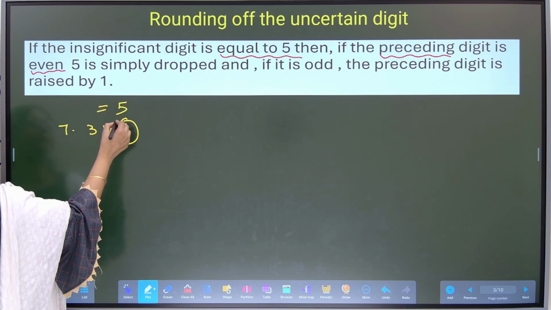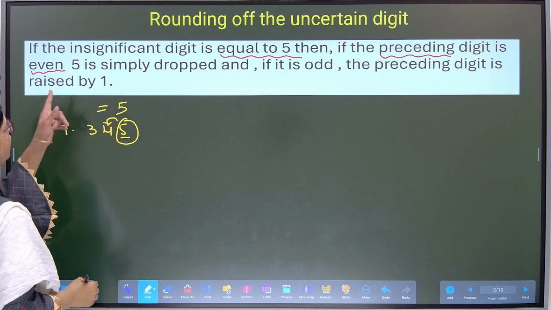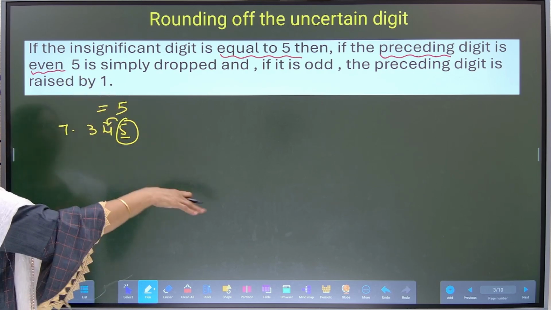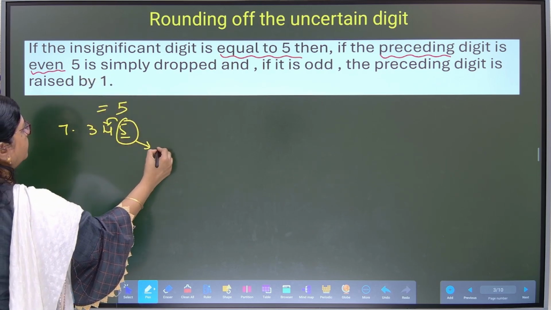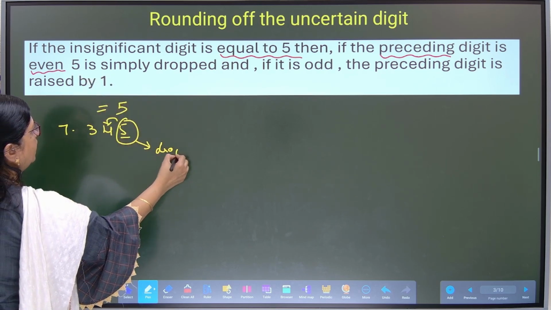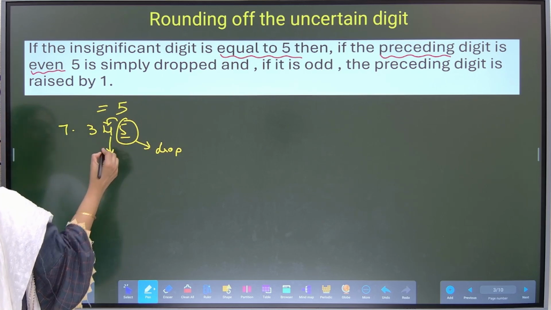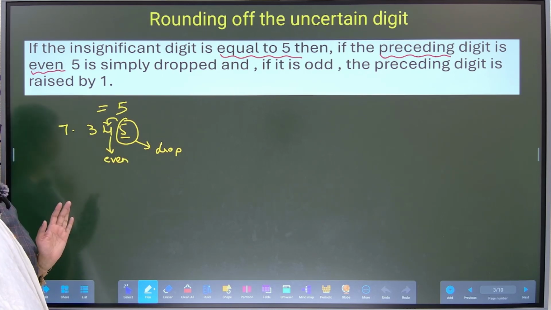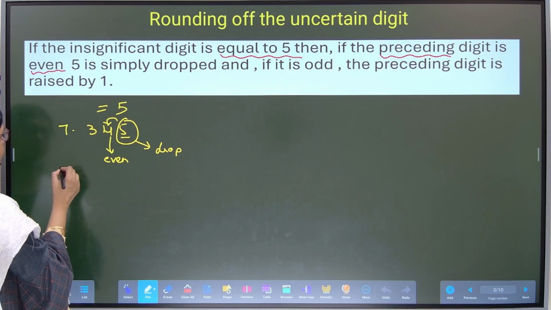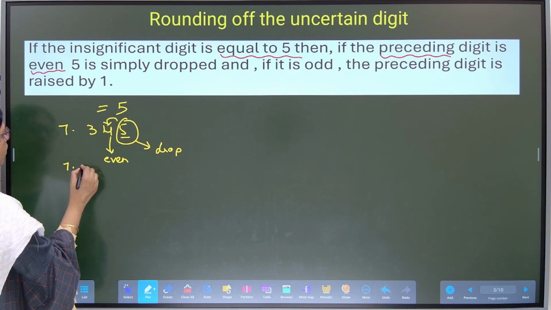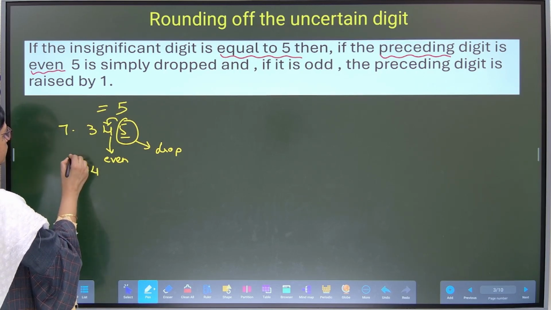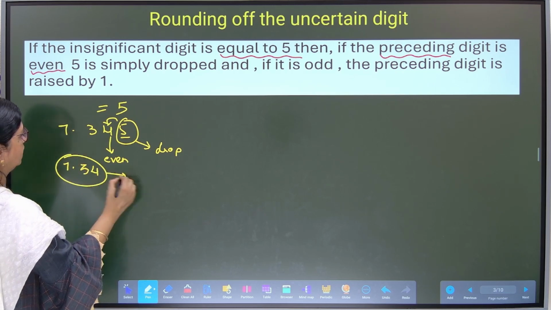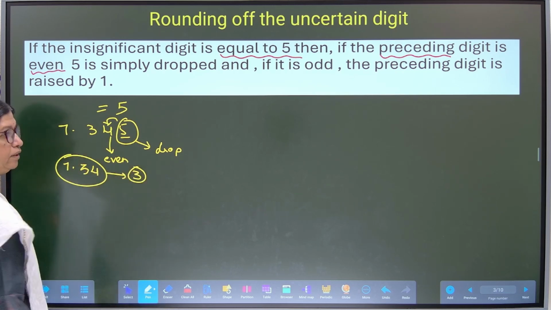The preceding number is even. So what should I do? 5 should be simply dropped. Drop. So what should I look at? Preceding number. It is even. So it should remain as it is. So what is my answer? 7.34 to correct 3 significant digits.